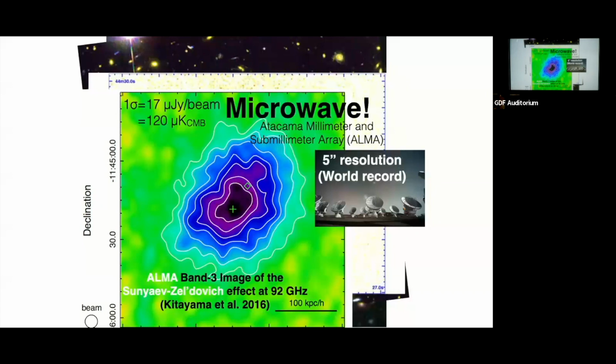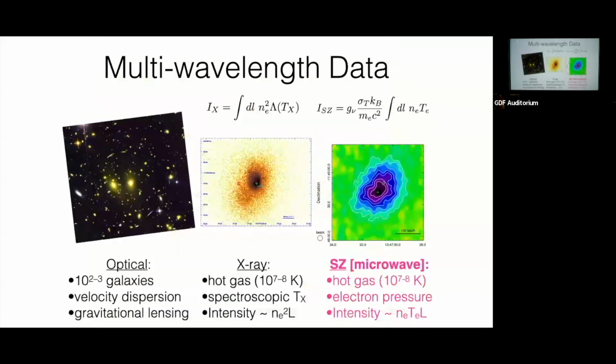For example, right? If you have optical galaxies, X-ray hot gas, and SZ is hot gas as well. But because X-ray is emitted by collision of protons and electrons, so Bremsstrahlung, its intensity is proportional to density squared. So it's very sensitive to clumpy medium, and it's very centrally concentrated. On the other hand, the Sunyaev-Zeldovich effect is directly proportional to pressure. It's number density times temperature.